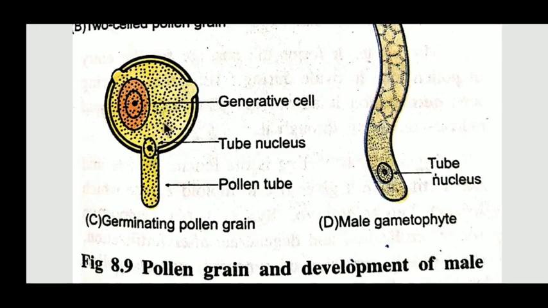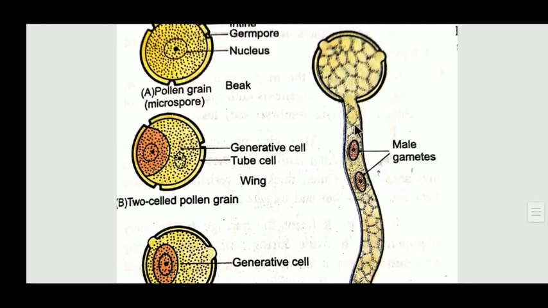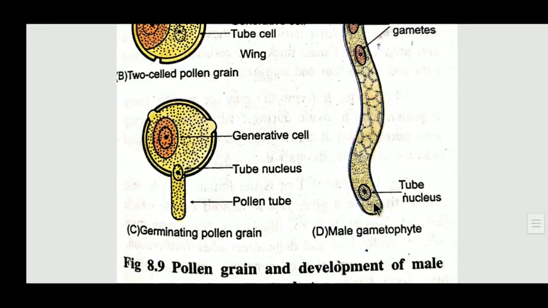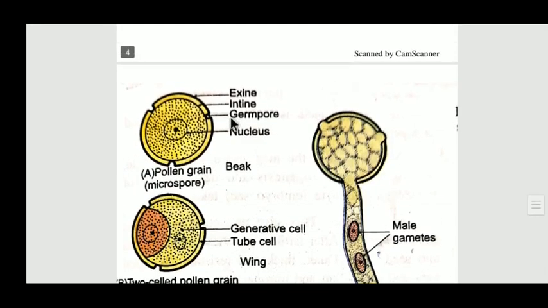As I told you, the stigmatic secretion remains inside the vegetative cell, and it again creates pressure on the generative cell, and now this generative cell divides by mitosis into 2 cells, and in this way 2 non-motile haploid male gametes are formed inside the pollen tube. The tube nucleus is present, remaining attached at the bottom of the tube. So in this way the male gamete is developed inside the pollen grain.